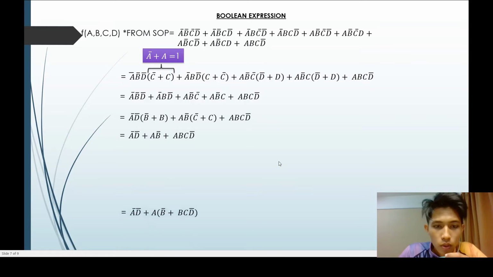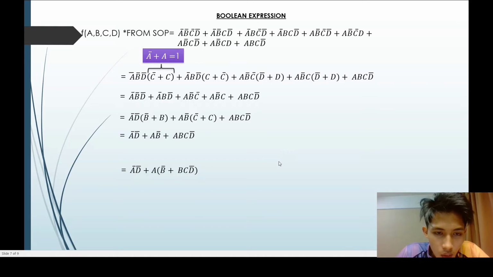Next, what we can do is we can factorize A, because we can see here is A B bar plus A B C D bar, right? So we can see A here and A here is the same, so we can factorize A. When we factorize A on the outside, in the bracket is B bar plus B C D bar.